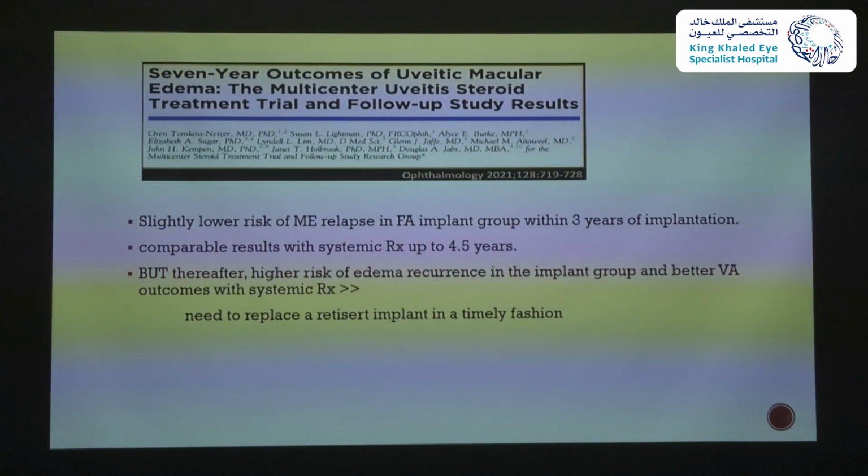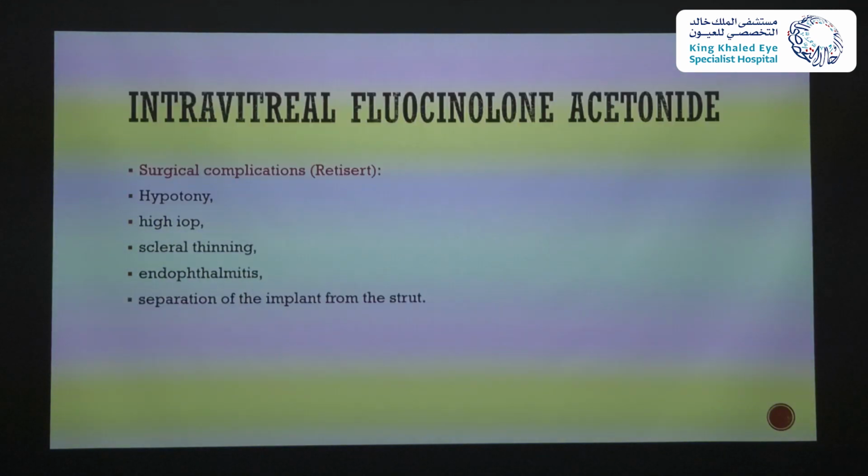But the long-term extension of this study found that after 4 years, there is a higher risk of edema recurrence in the implant group compared to the systemically treated group, and the visual acuity outcome is better in the systemic treatment group. So the conclusion was that there is a need to repeat the Retisert implant in a timely fashion, like every 3 to 4 years.